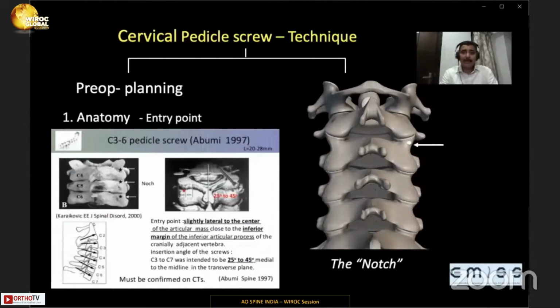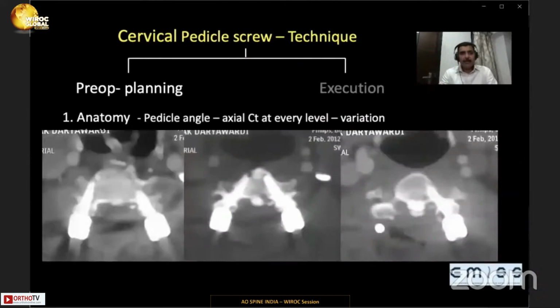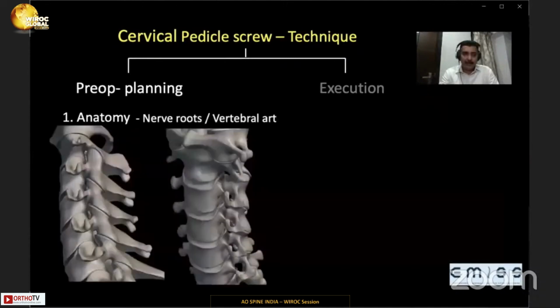The entry point might vary, and we have to plan each and everything individually, although this is a rough marker. So an axial CT scan at each and every level is extremely important. As you can see over here, the pedicle angulation can change from 30 degrees in the mediolateral direction right up to 70 to 80 degrees. So each and every pedicle has to be calculated on the pre-operative axial CT scans.